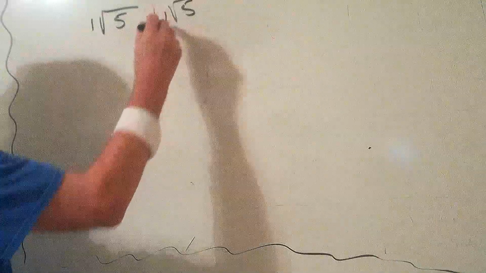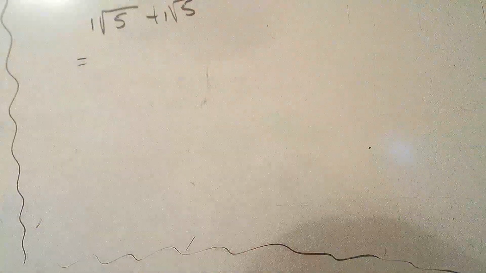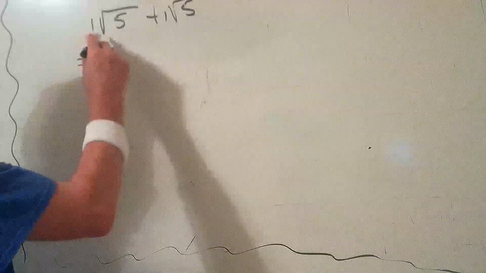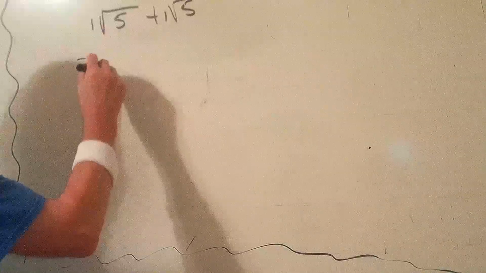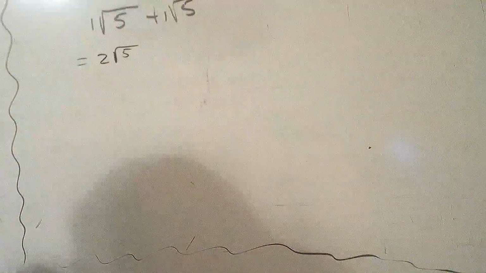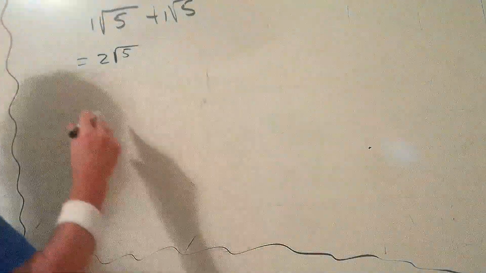It's actually a 1, we just don't write it. So if we have the same number under the radical, these are like terms, so we can add them. So the square root of 5 plus the square root of 5 is 2 square roots of 5. Okay? Pretty simple, huh? Now let's take it one step further.